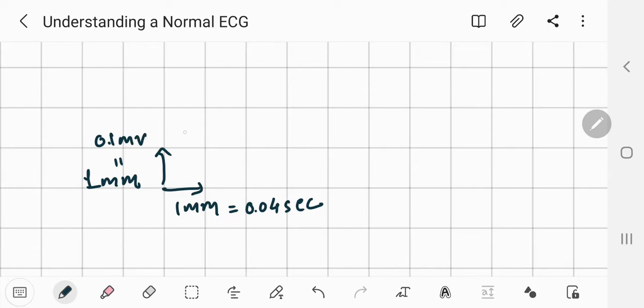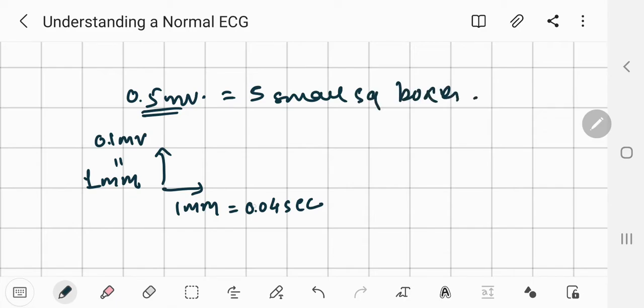That means 0.5 millivolts will obviously mean around 5 small square boxes. And 0.1 seconds will mean around 2.5 small square boxes.